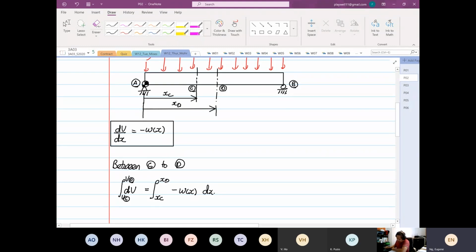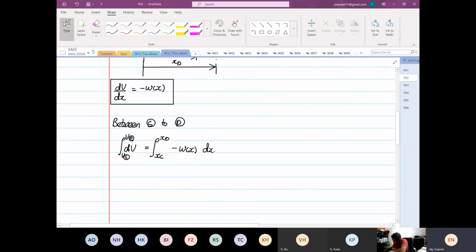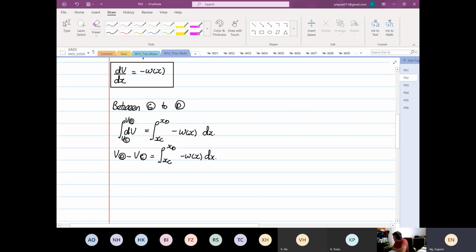So from here, you will have V at point D, the shear force at point D, minus the shear force at point C is equal to the integral from x_C to x_D of minus omega as a function of x dx. And this expression over here, we can relate to bending moment.